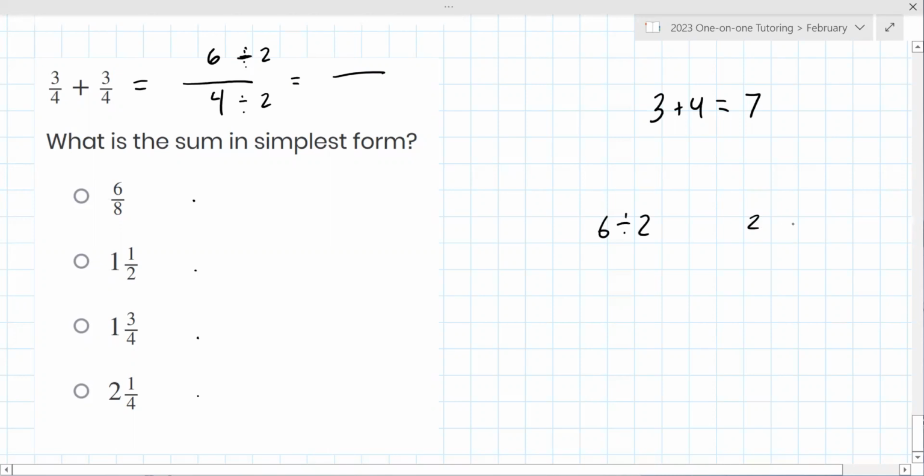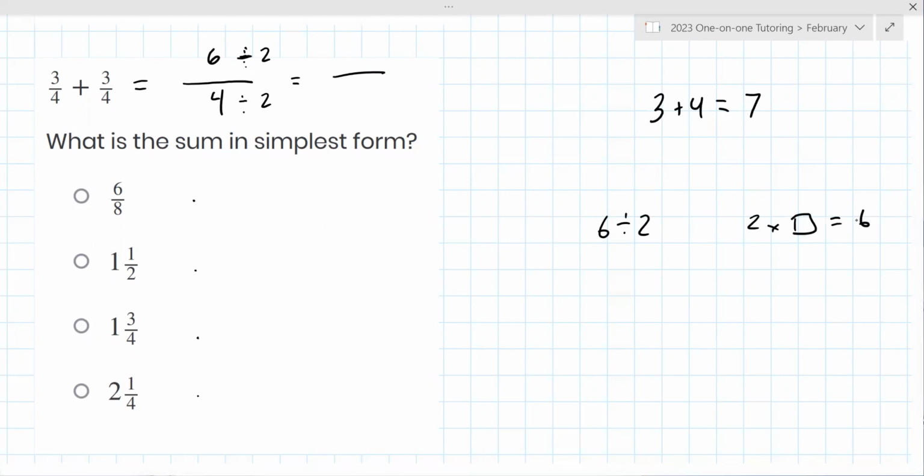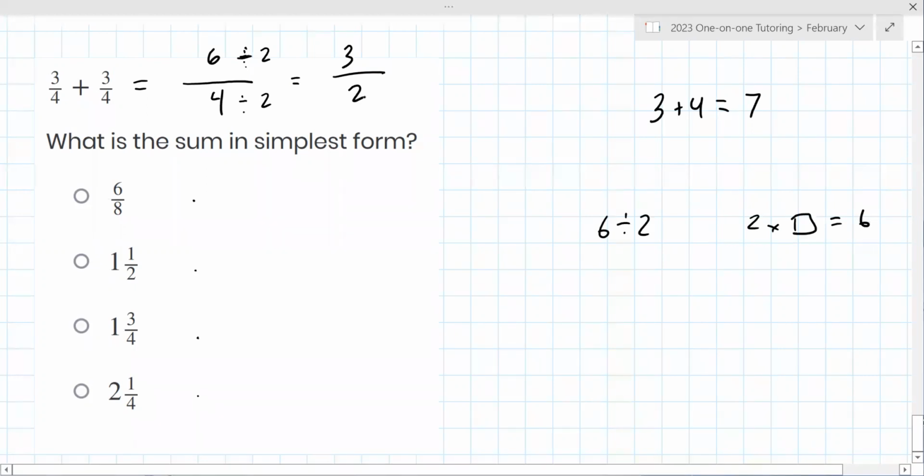So you're trying to figure out what number, 2 times what number gets you to 6? 3. Yes, 3. How about 4 divided by 2? 2. Yes, good. Okay, now 3 halves. 3 over 2 is the same as 1 and 1/2.